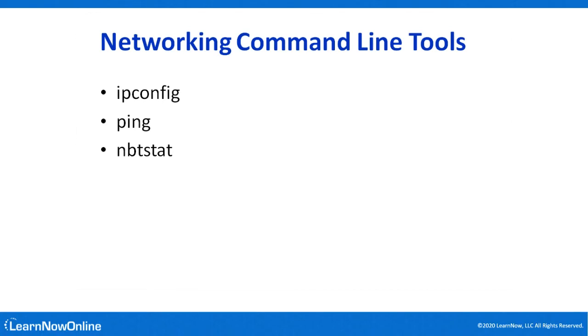The nbtstat command, which is used to display your TCP/IP information and other information regarding a remote computer. The net command, which is used to manage Microsoft network resources from a command line. One of the biggest things you use that for is for creating a share to a particular folder.